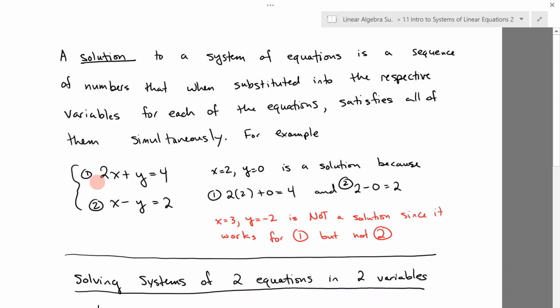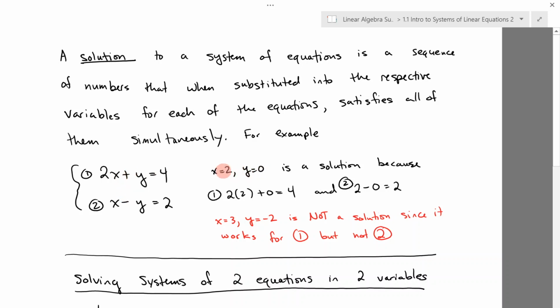For example, here we have a simple system with two equations, 1 and 2, in two variables x and y. Here I claim that x equals 2, y equals 0 is a solution to the system.